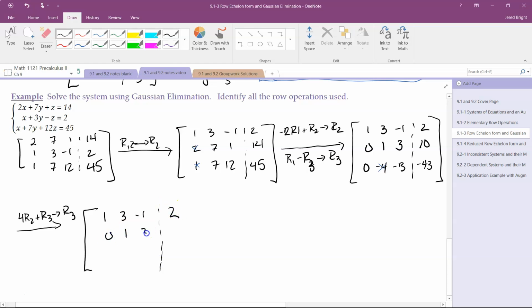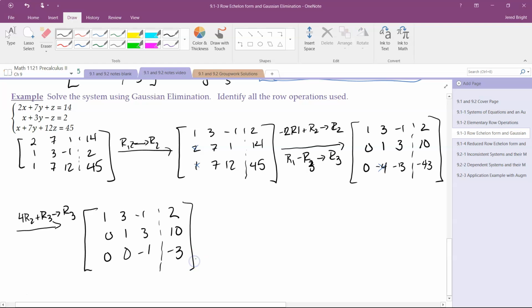0, 1, 3, 10, 0, and now here's where the math comes into play. So 4 times 3 is 12, and 12 plus negative 13 is minus 1, and then 4 times 10 is 40, minus 43 is minus 3.